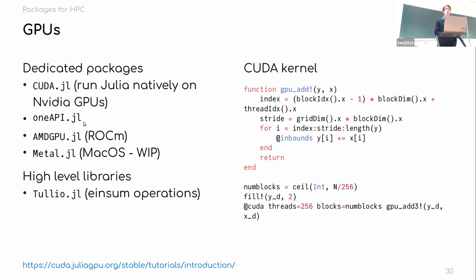So there's one API for Intel GPUs, AMD GPUs, and if you want to run stuff on a Mac, you can also do that. Then there are also some high-level libraries for array operations. So if you have complicated array operations, you should maybe look at Tullio, which is going to do stuff like loop vectorization and different tricks for loops. And on the right here, I have an example of how to define a CUDA kernel.